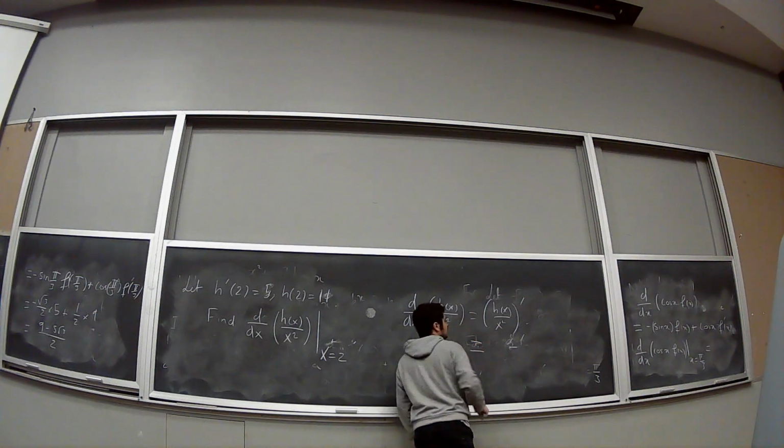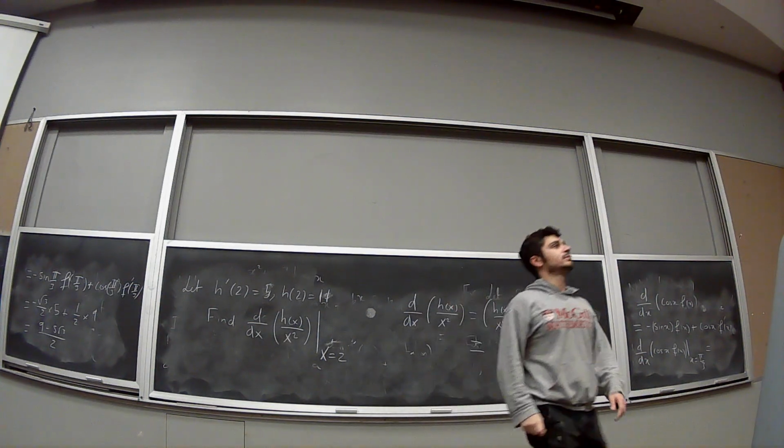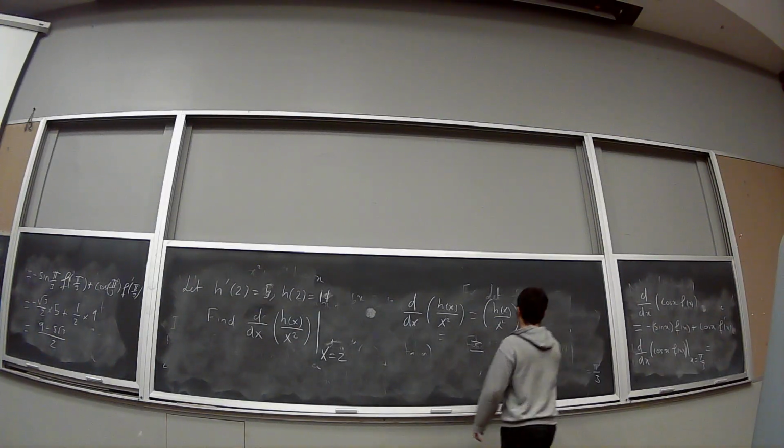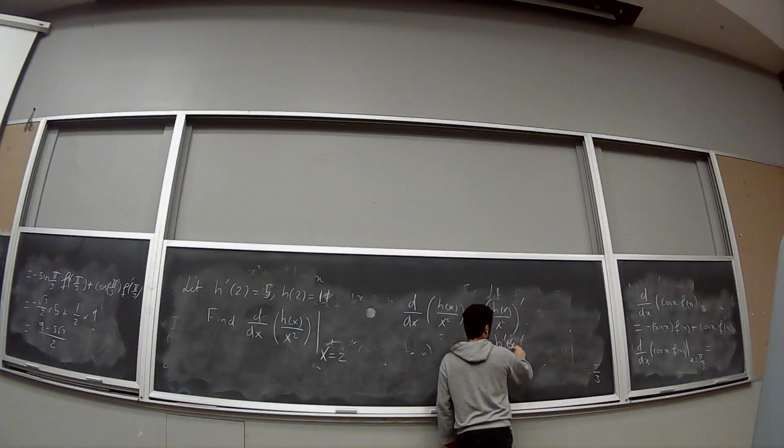Who wants to help? What rule do I have to use here? Quotient rule. Very good. I differentiate the numerator, I keep the denominator fixed.